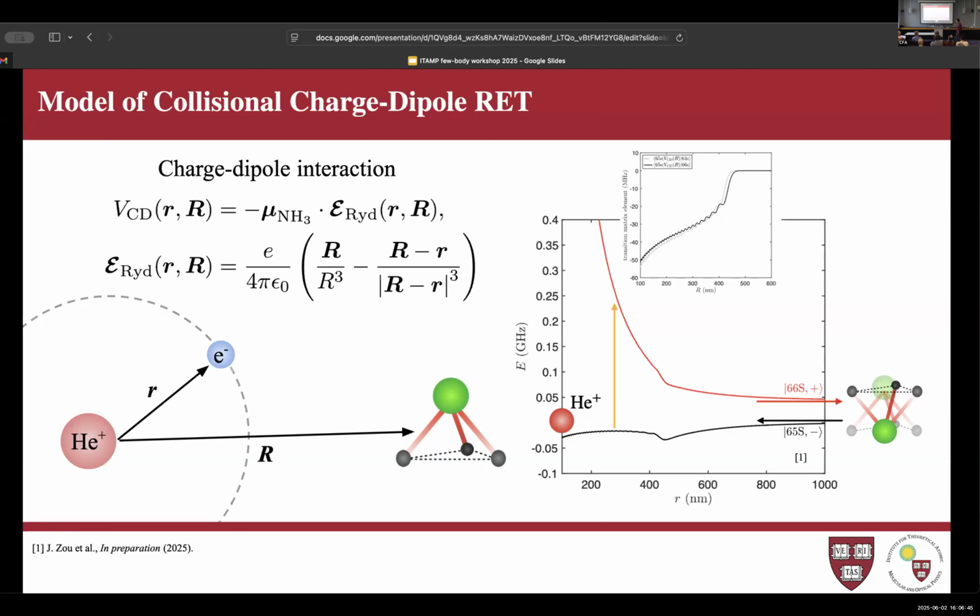One thing to note is that these are mostly in resonance, but they still have some detuning between these asymptotic energy eigenstates of the non-interacting system. But this is small, around 40 megahertz, compared to the collision energy, which is on the order of gigahertz. So the collision energy can really smear out this detuning that you have in the system.